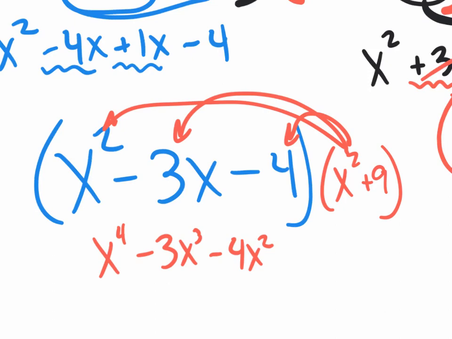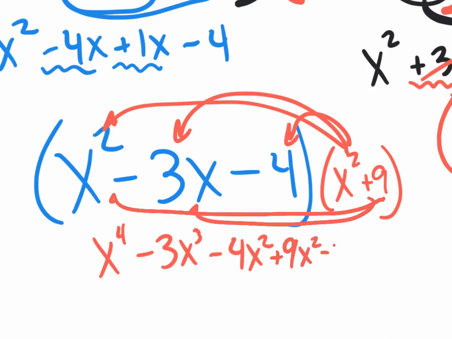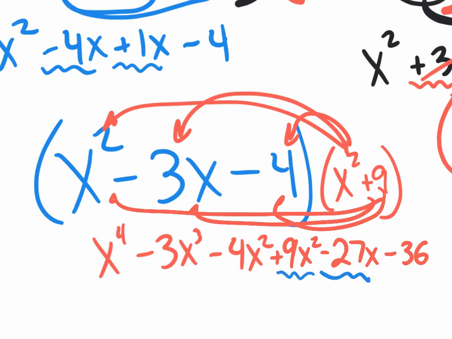Now that we've distributed the x squared, let's go with the 9. 9 times x squared is positive 9x squared. 9 times negative 3x is negative 27x. 9 times negative 4 is negative 36. The only thing we could combine are the x squared terms. Wait a minute. Let me erase that.